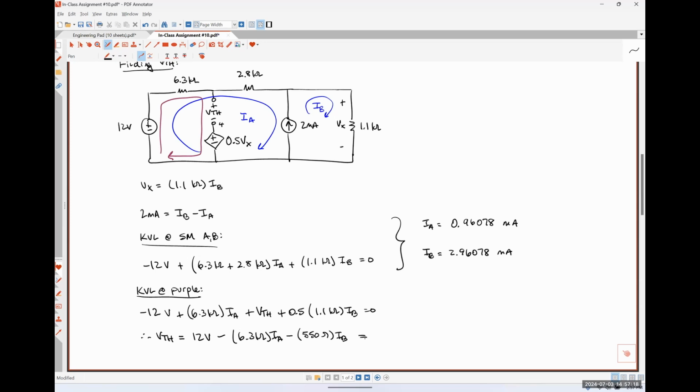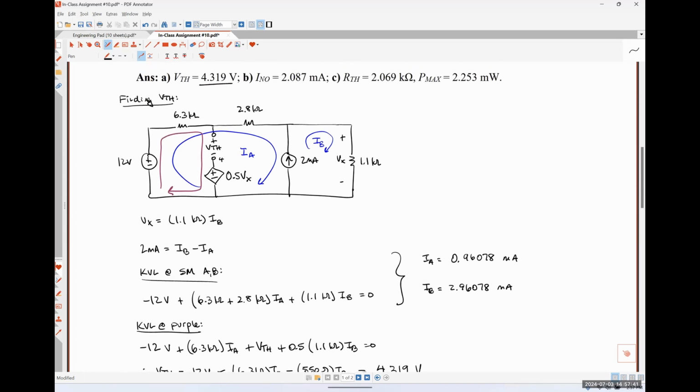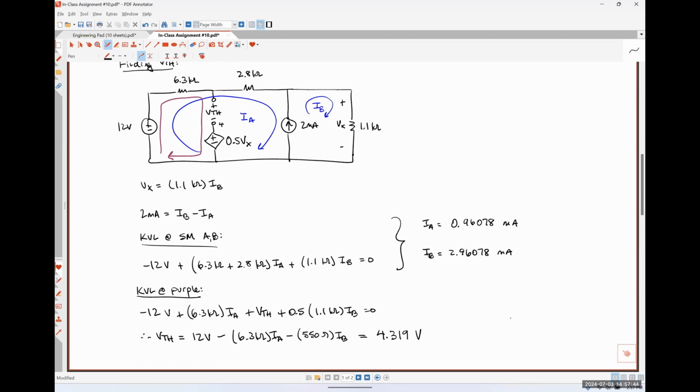So I'm just going to throw this into my calculator. So here, 12 minus 6,300 x minus 550 y gives me 4.3186 or 4.319 volts, which is exactly what we were expecting.